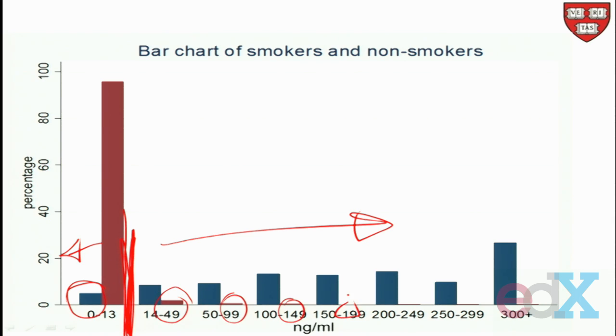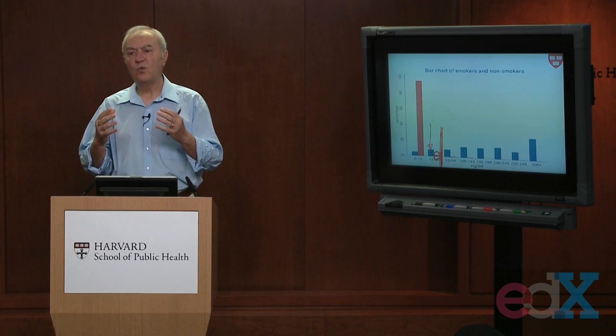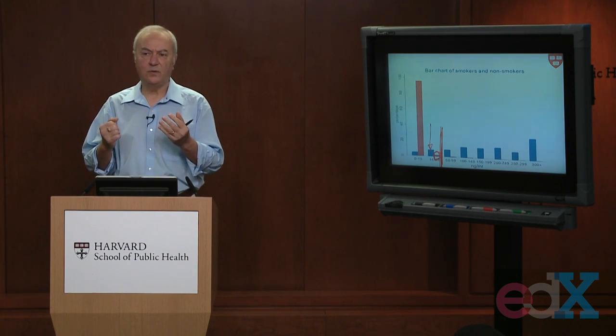So instead of using that as my cutoff, why not move the cutoff here? Then I will pick up these guys, but I will also add these guys to the incorrect classification. So it all depends very much where you draw the line on what it is you're trying to do.